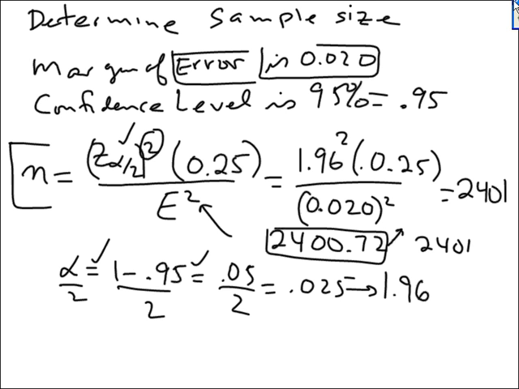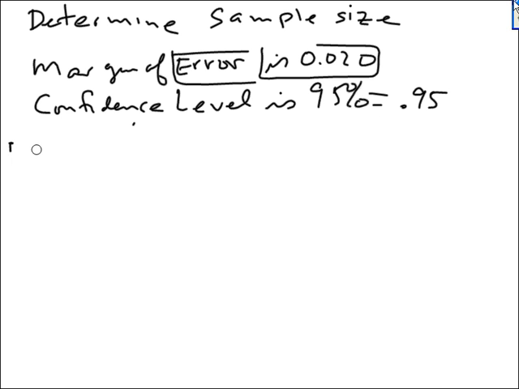Since we couldn't possibly survey a sample of 2400.72, you have to round it up to 2401. So that was a case where you were not given p hat and q hat, nor could you easily figure it out.